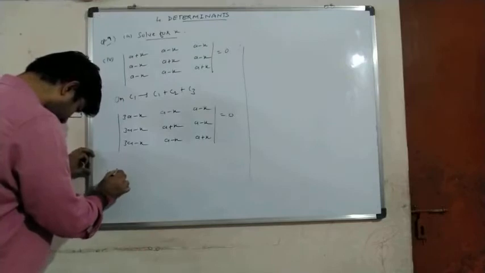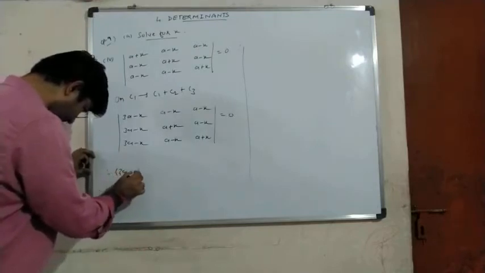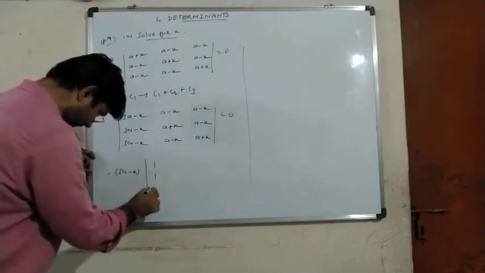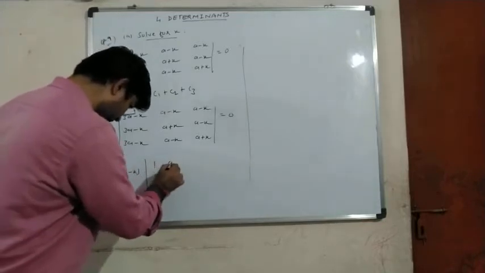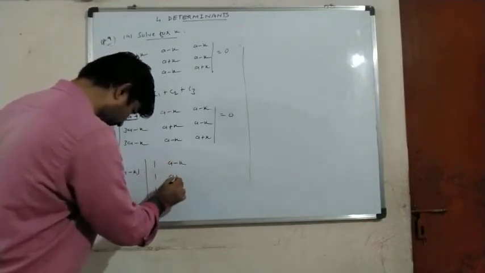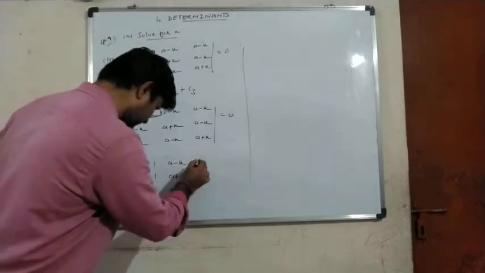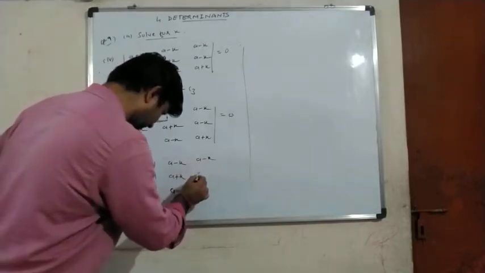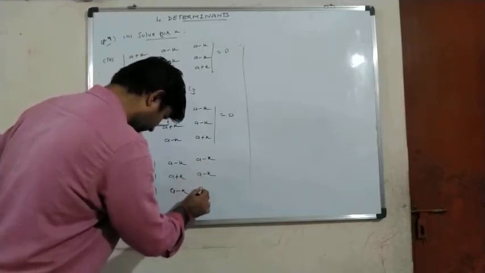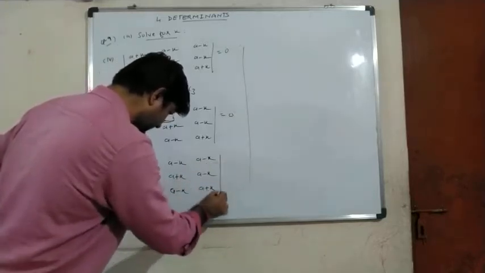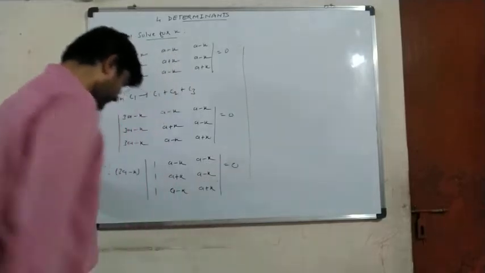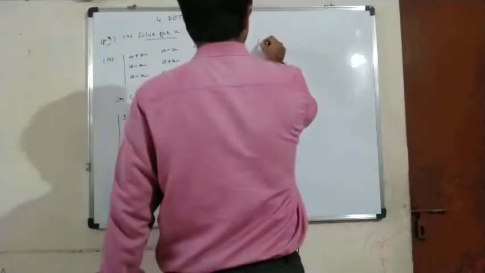So we can take 3a minus x common, so we get 1 1 1, a minus x, a plus x, a minus x, then a minus x, a minus x and a plus x equal to 0.